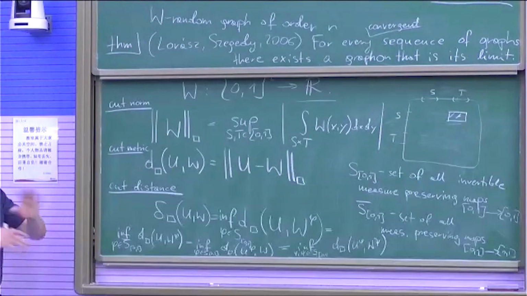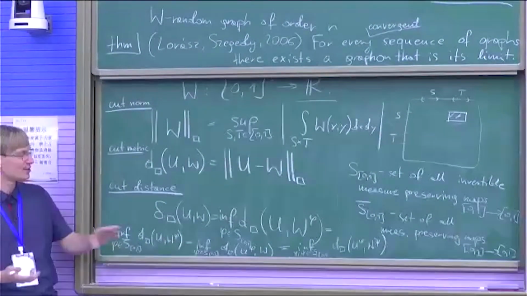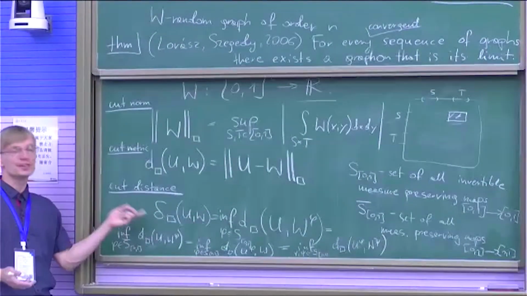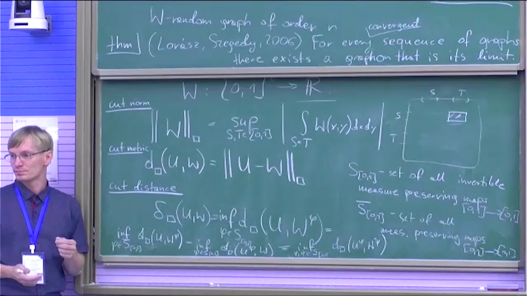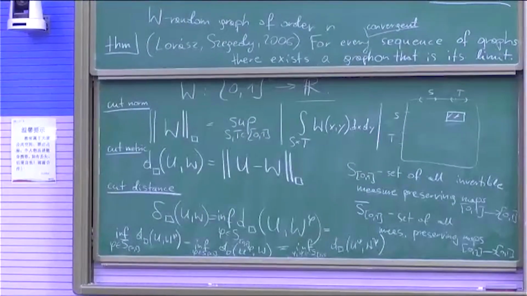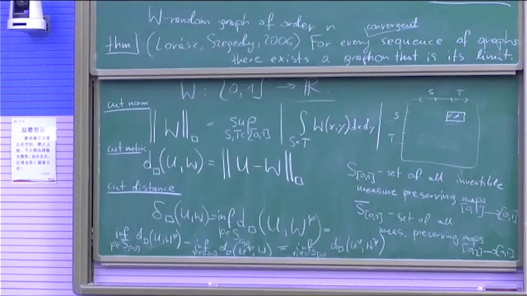After all those possible reshufflings, I find the infimum, the one that gives me the smallest cut metric, and this is my cut distance. In particular, if I take those two that we considered earlier, I can reshuffle one of them to get exactly the other one, and the cut metric will be 0. So the cut distance between them is also 0.